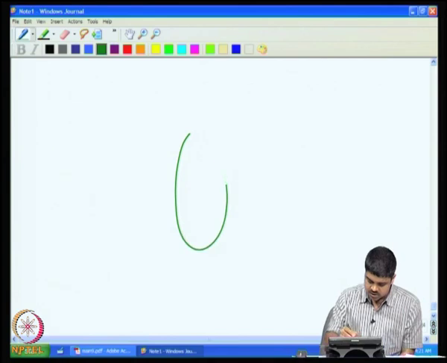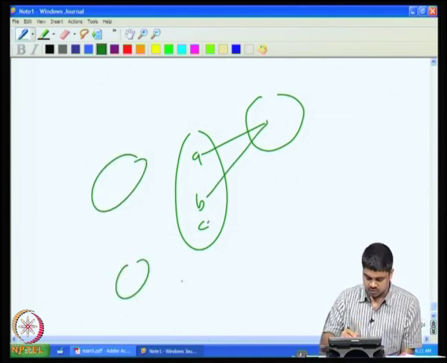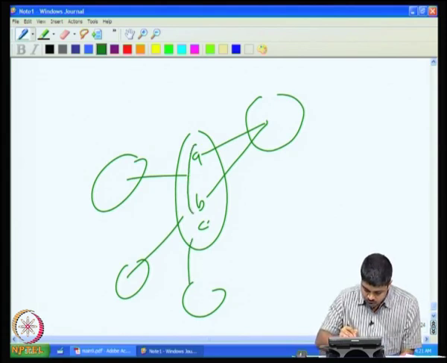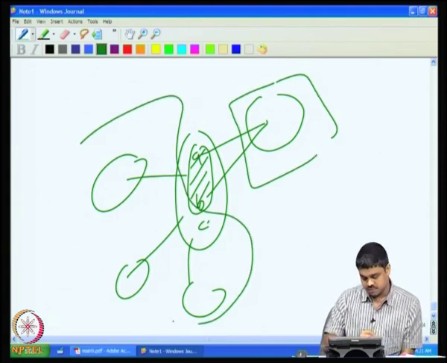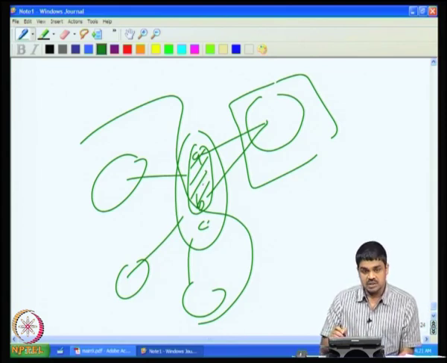For instance, if A, B, C is a minimum separator, and there is a component here to which only A and B are connected, C is not connected. There are other components also, right? That is why it is a minimal separator. Then naturally, if I remove A and B alone, I can cut away this portion from the rest, right.